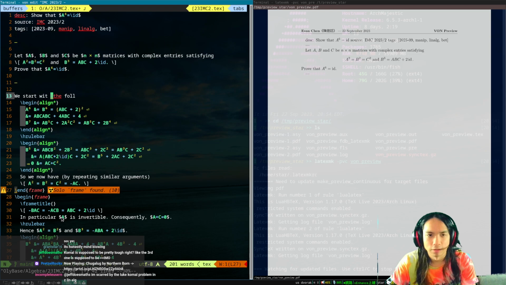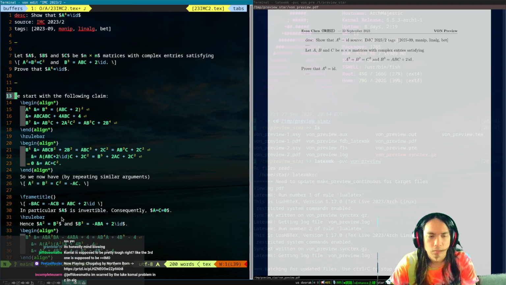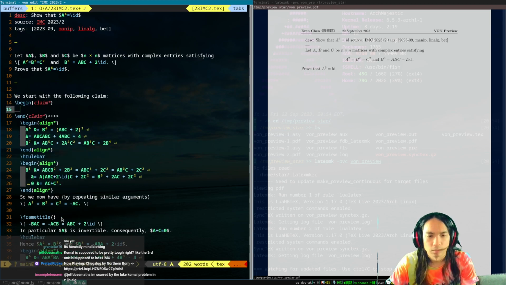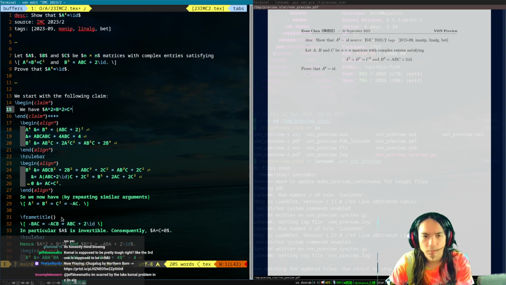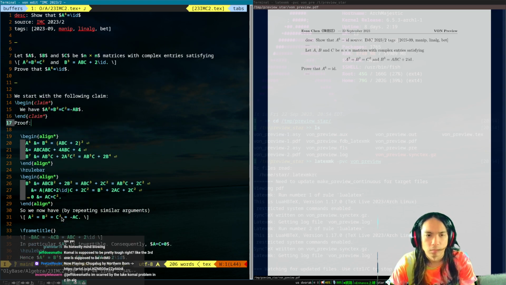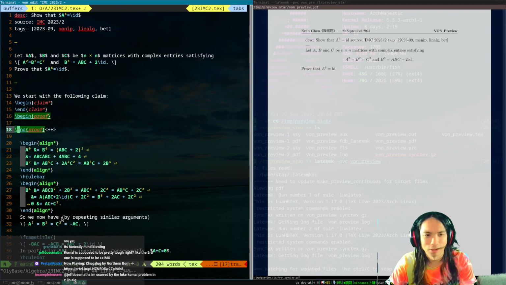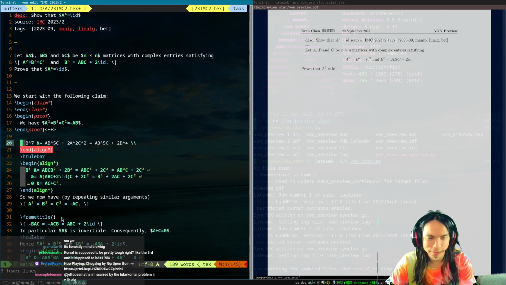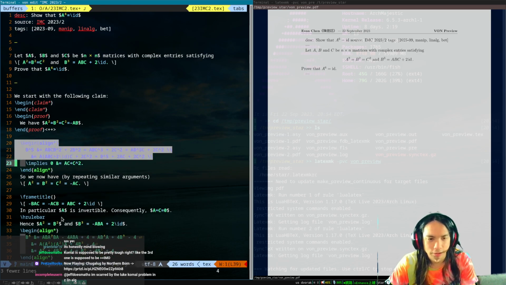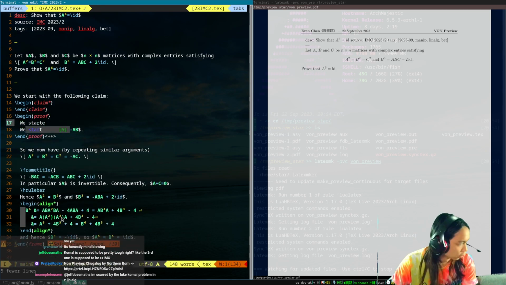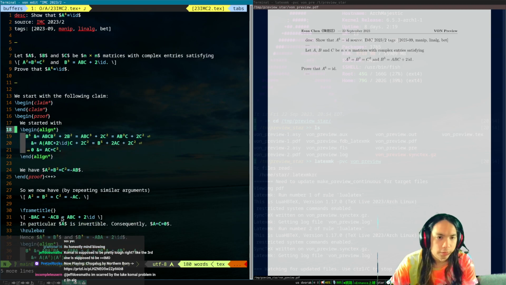We start with the following claim. Actually, let me do it this way. So we ended up not using any of this, and we just started with this calculation. Yeah, Como is tough.